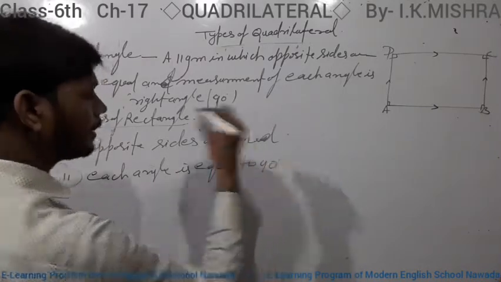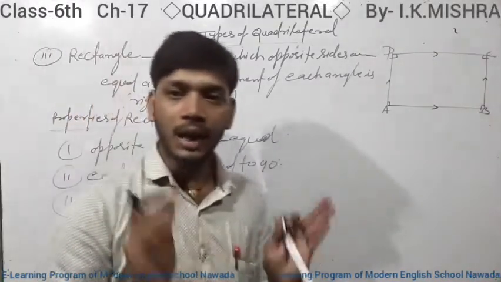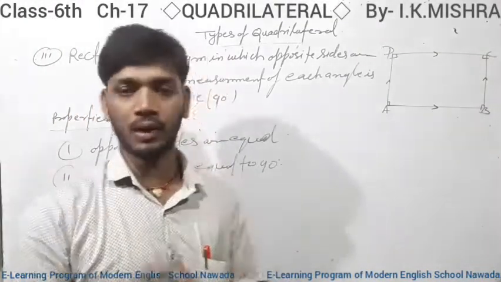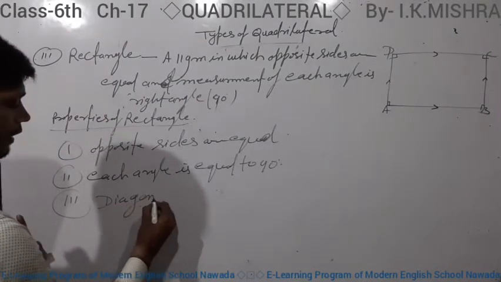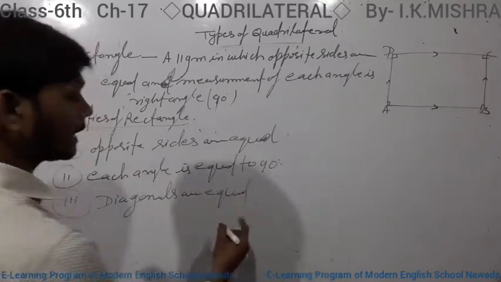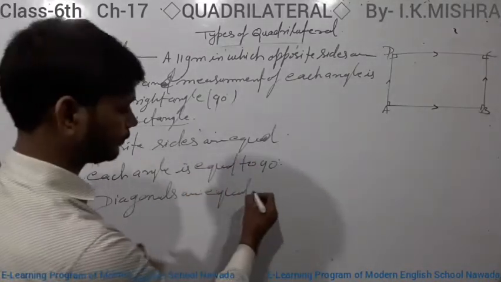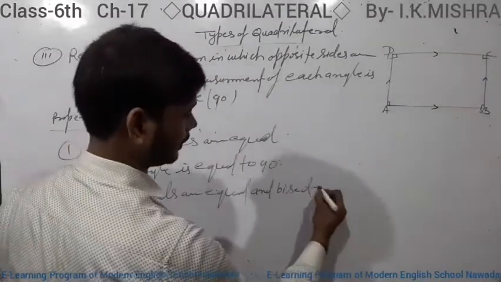And third, diagonals are equal. That means students, diagonals are equal and bisect each other.